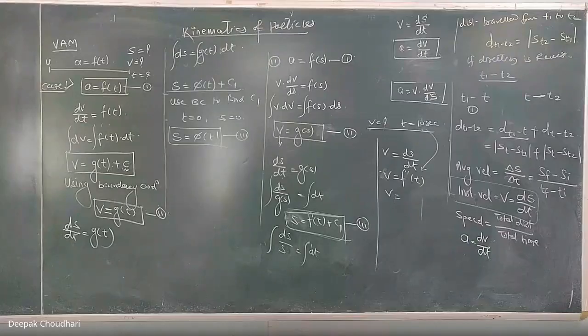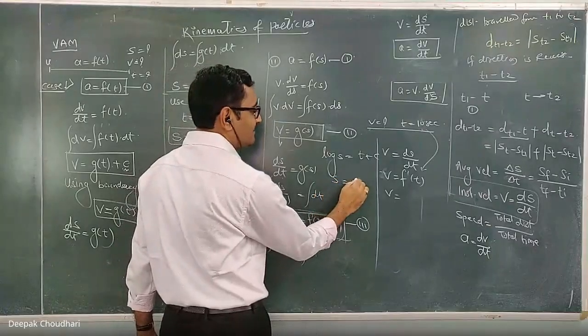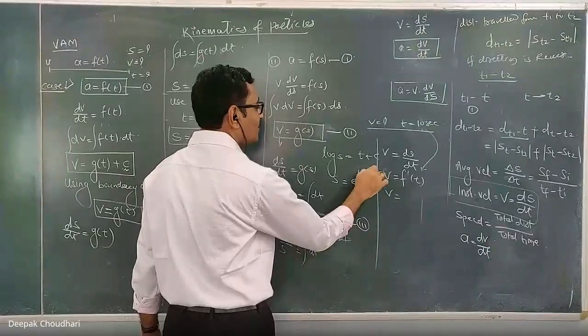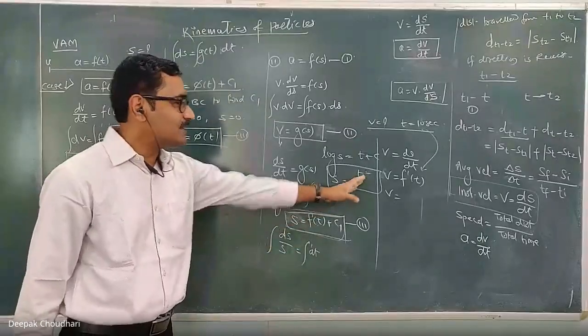It becomes log s, which is equal to t plus c. Or you can write down s equal to e raised to power t plus some constant. This kind of equation will come, isn't it? This is what I wrote in the generalized form, s is equal to some function of time t. It may be the exponential function.